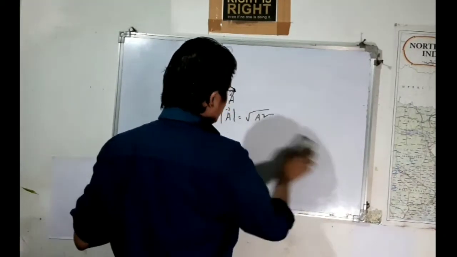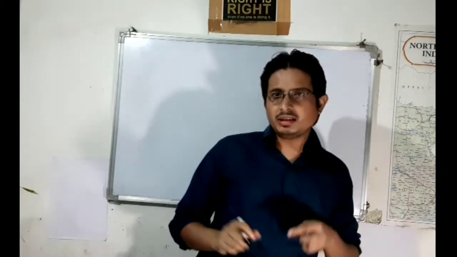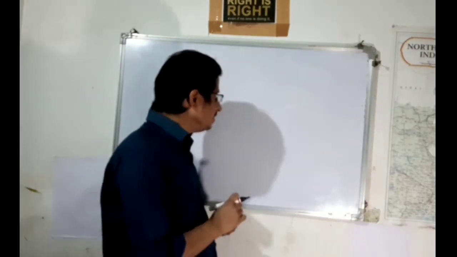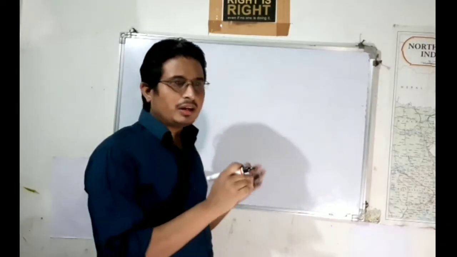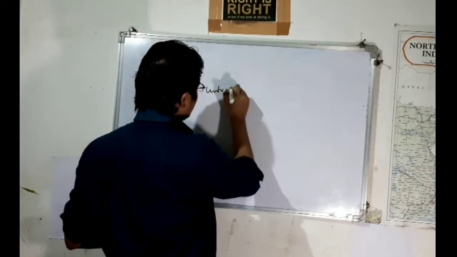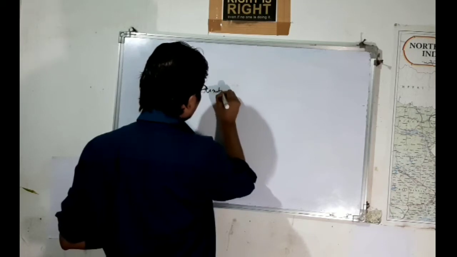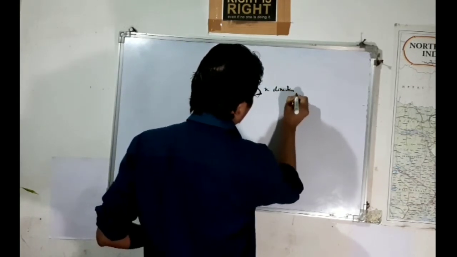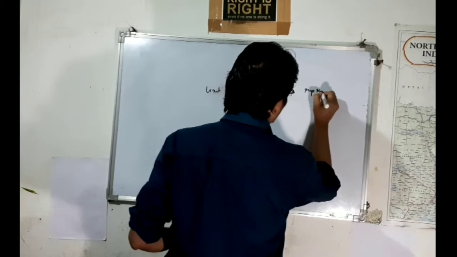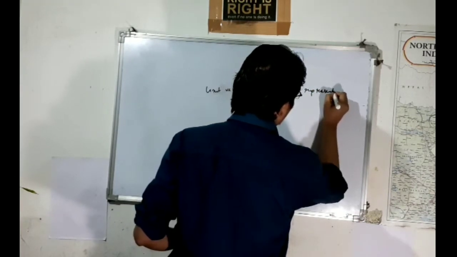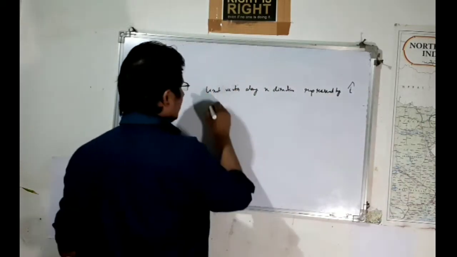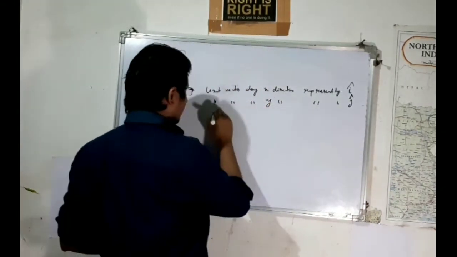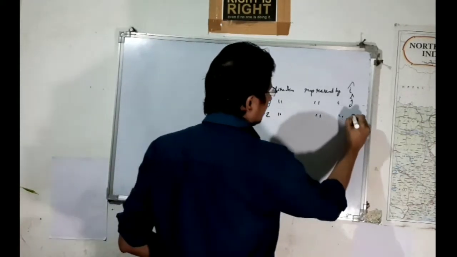In any textbook on physics, in general, three unit vectors are most usually used: the unit vector along the x direction, represented by i cap; the unit vector along the y direction, represented by j cap; and the unit vector along the z direction, represented by k cap.